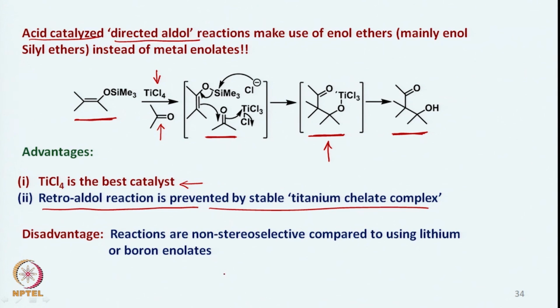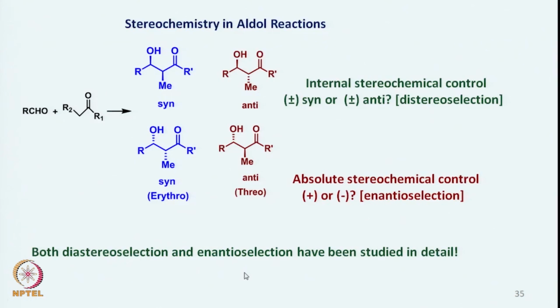The disadvantage, of course, is that such reactions are non-stereoselective compared to using lithium or boron enolates. So this is something that we need to very carefully address, and this enol silyl ether based chemistry, although useful and developed by Mukaiyama, has some disadvantages.